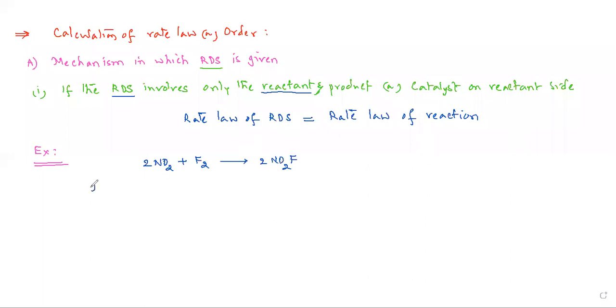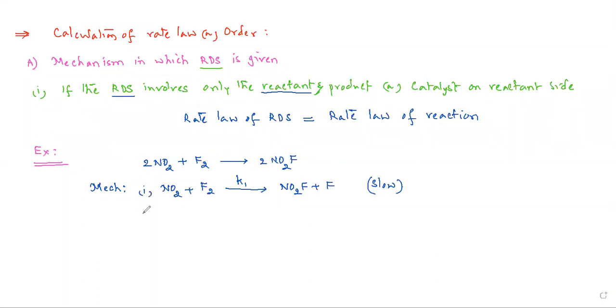Now, the mechanism of this, of course, this is a question. The mechanism can be given as NO2 plus F2. See this, you got both the reactants. Rate constant here is K1. Here you get NO2F plus F. This, of course, is a slow step.